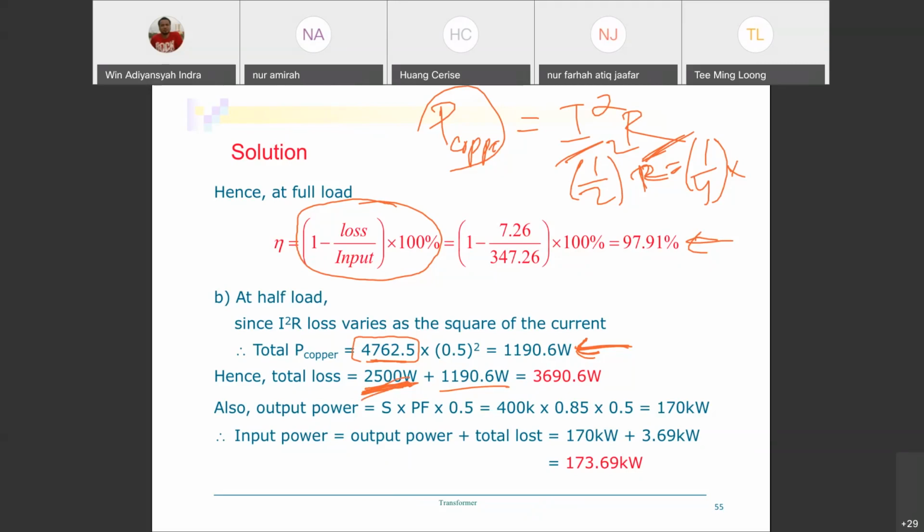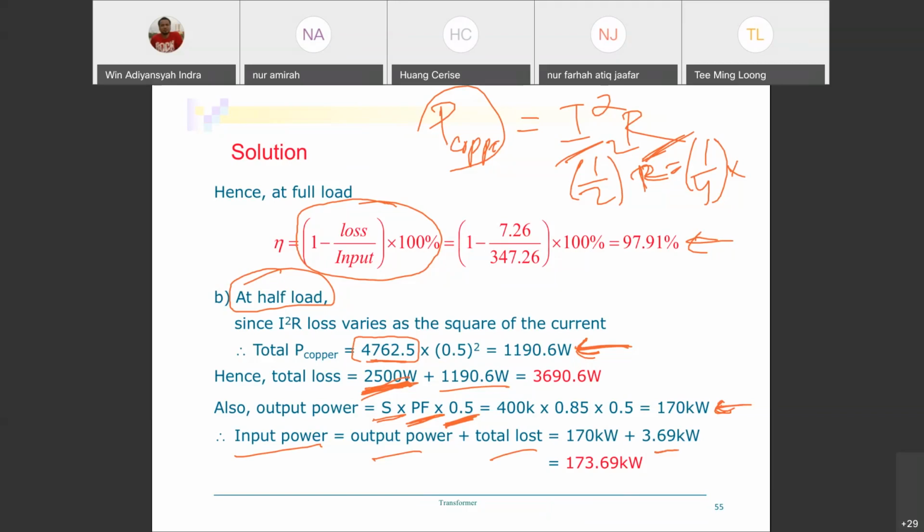So the output power, apparent power, power factor, multiply with half load. Okay, because it is said it's half load. So you get 170 kW output. So the input is output plus total loss.